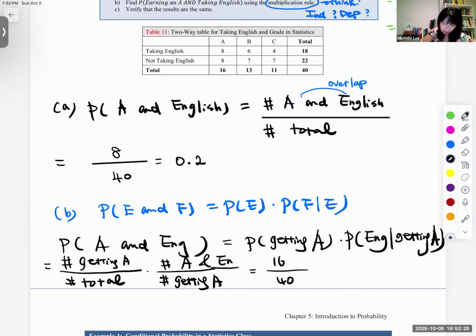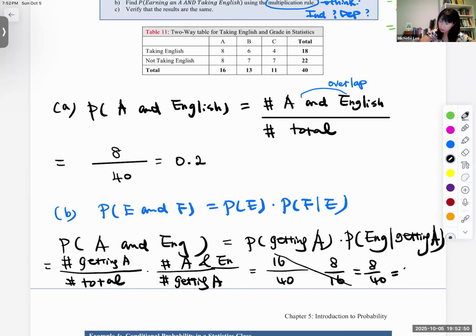And getting A, 16 there. And taking English, overlap, which is 8, right? Okay, simplify. We have 8 out of 40.